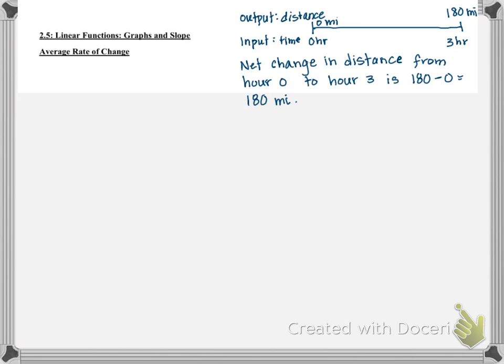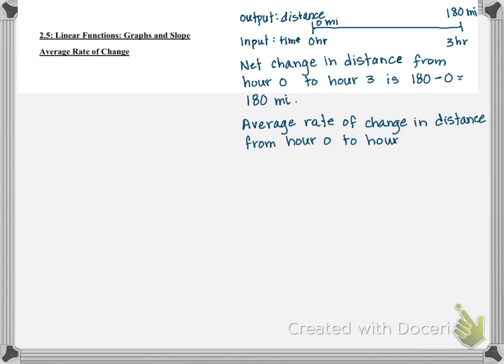So our average rate of change in distance from hour 0 to hour 3 is, so the numerator is going to be the same.